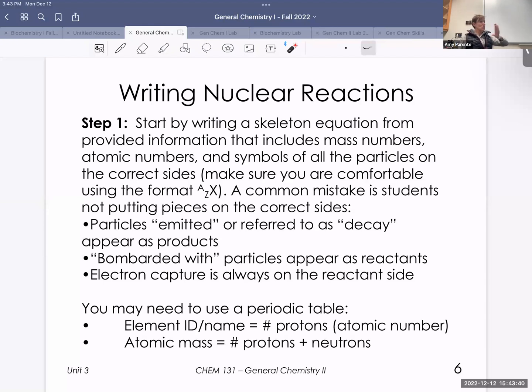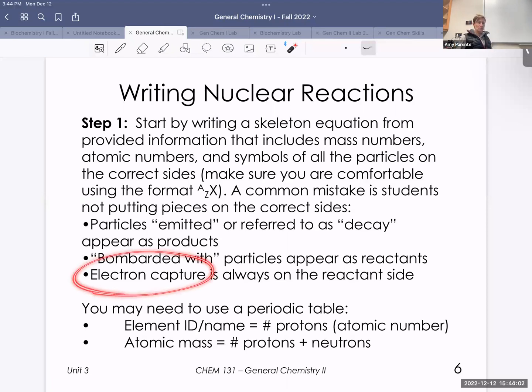So an alpha particle isn't always a product. If you say it undergoes alpha decay, yep, it's a product. If you say an alpha particle is emitted, yes, it's a product. If you say bombarded with an alpha particle, that alpha particle is a reactant. So you'll have language in the prompt that tells you what that is.